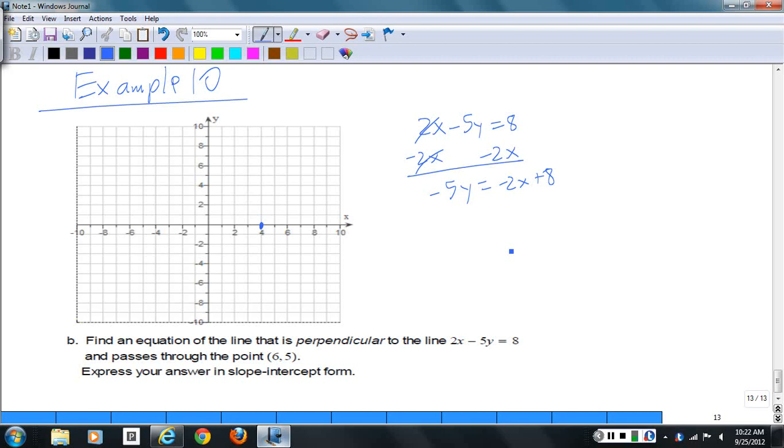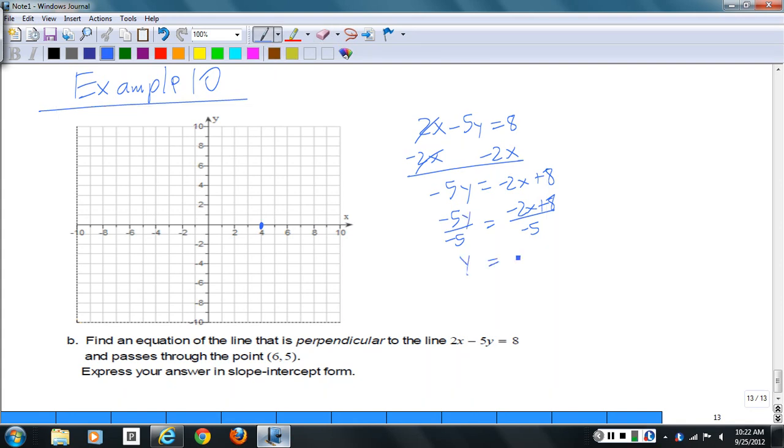We need one y on the left, not negative 5y, so divide both sides by negative 5.